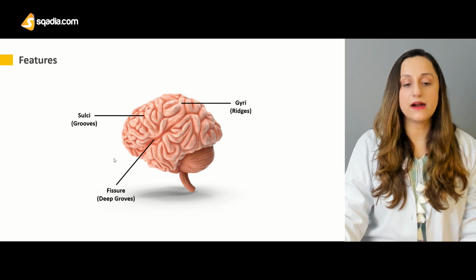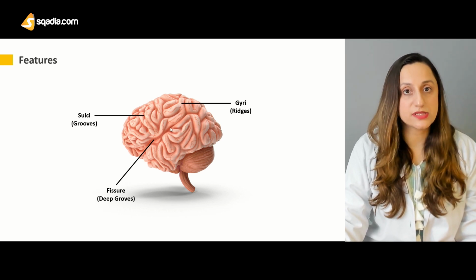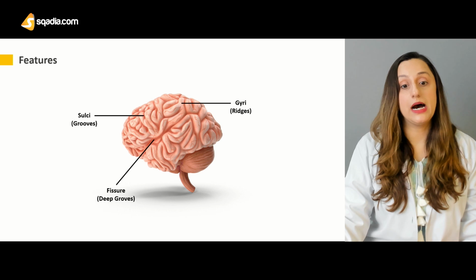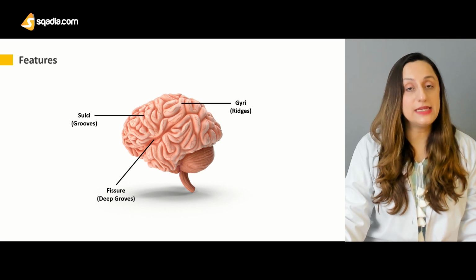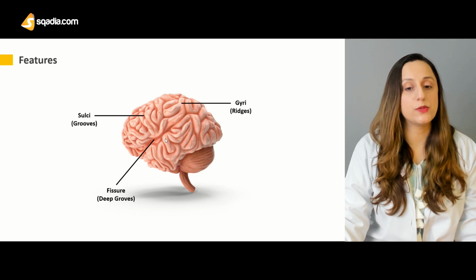Now, sulci are the lighter indentations, and the deeper indentations, or deep grooves, are known as the fissures. For instance, we have a lateral fissure, which divides the cerebral hemisphere into the frontal and the temporal lobe. We have this temporal lobe out here, and then we have the parietal and the frontal lobes out here.